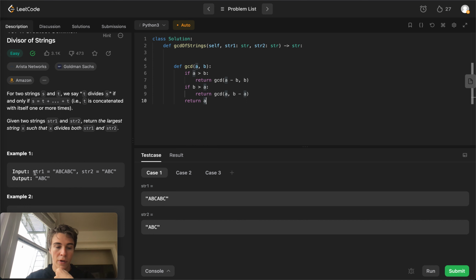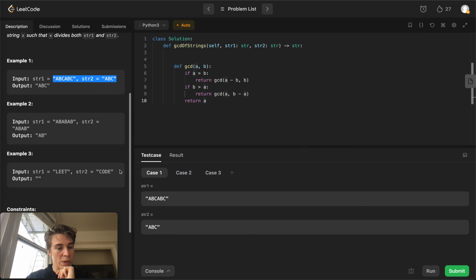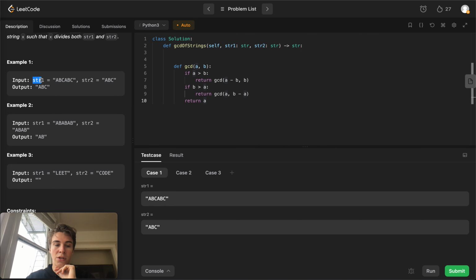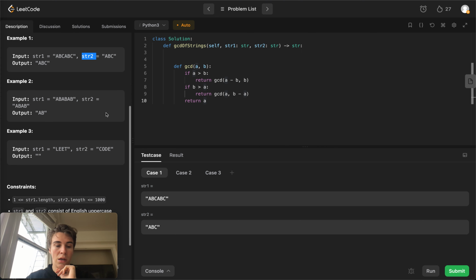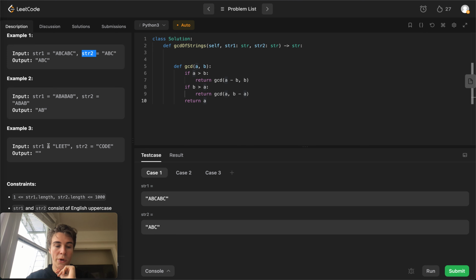So I know that, if it's a greatest common divisor, could we say, for example, that str1 plus str2 would be equal to str2 plus str1?